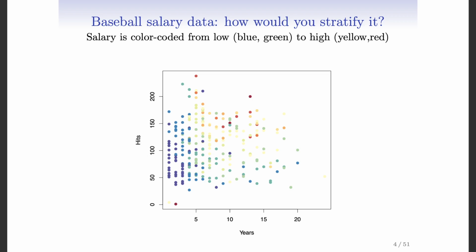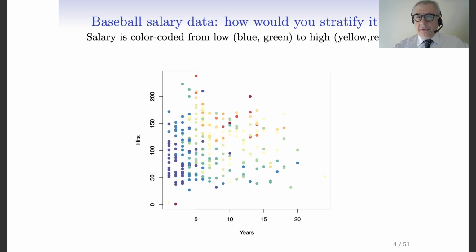Before starting with the tree, we start from the data and try to do this by ourselves. Let's explain the meaning of the data. Each dot is a baseball player. On the x-axis you have the number of years he has been playing in the league, and on the y-axis the number of hits.